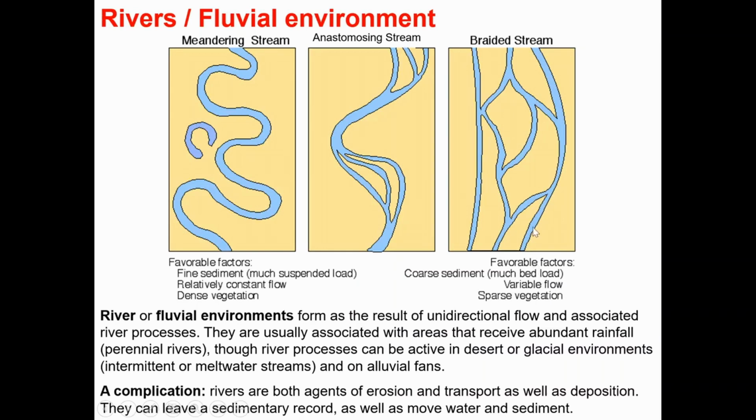If there's rain, then the flow velocity is gonna increase dramatically. And then the vegetation will be less. The low land stability is also not favorable for soil development. So those are the three types of rivers.